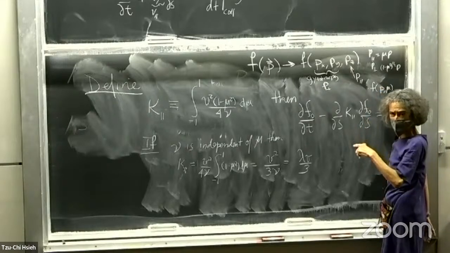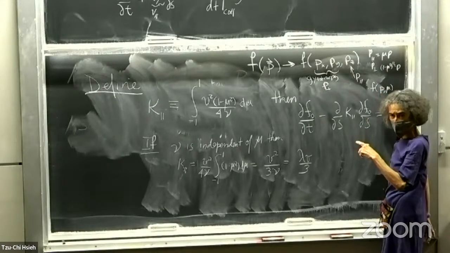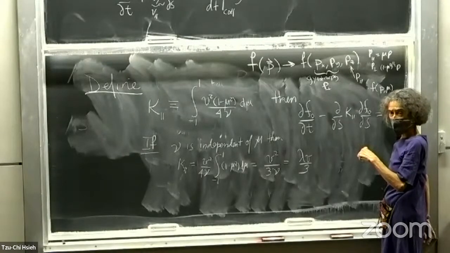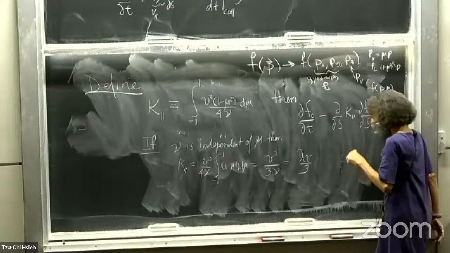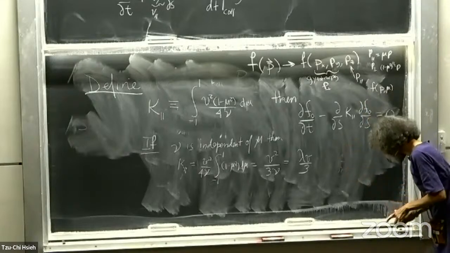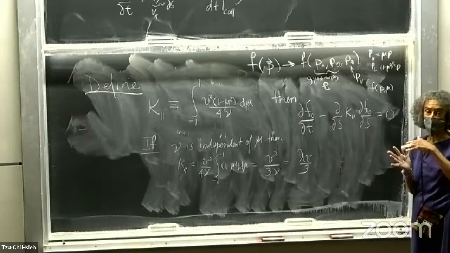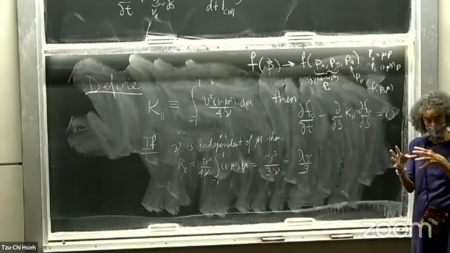Does that make sense? Okay, so the Boltzmann equation then only changes the mu dependence. So far we've only allowed the scattering term to change mu, but not p itself.